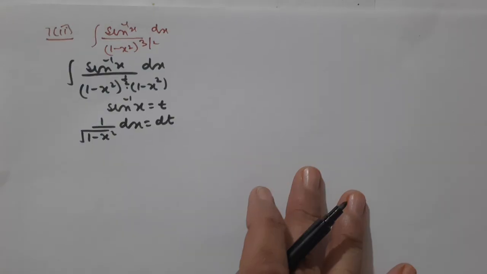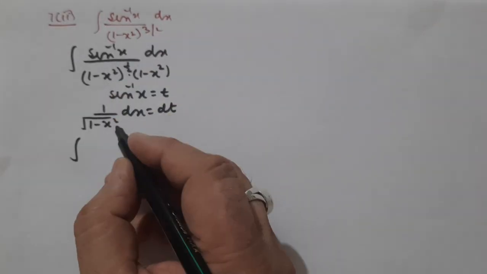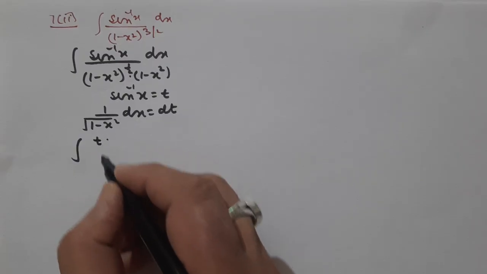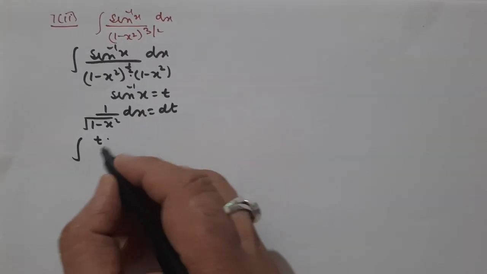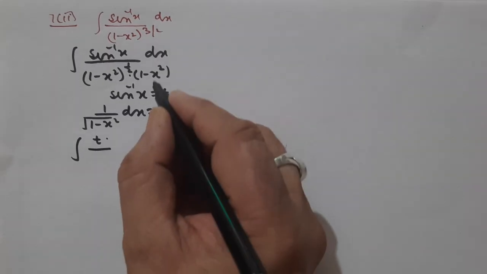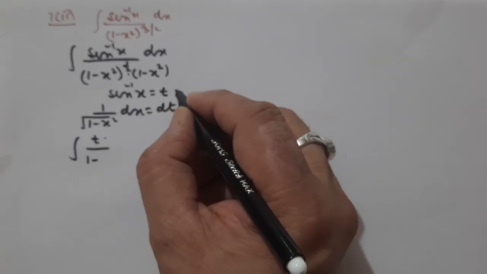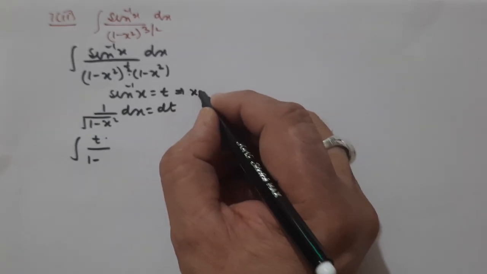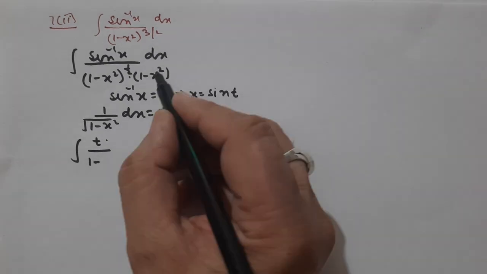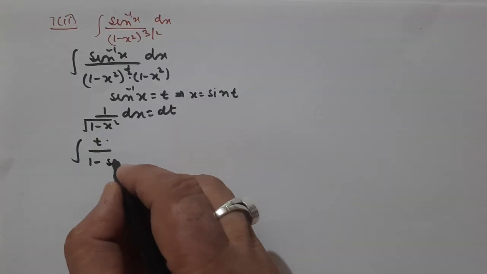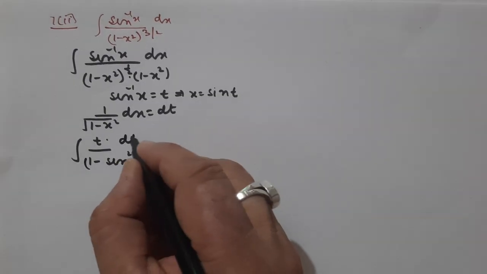So our question becomes like this: in place of sin inverse x, this is t, dx upon under root 1 minus x square is dt. If sin inverse x is t, then x will be sin t. So here we put sin t, sin square t dt. This is what we are left with.